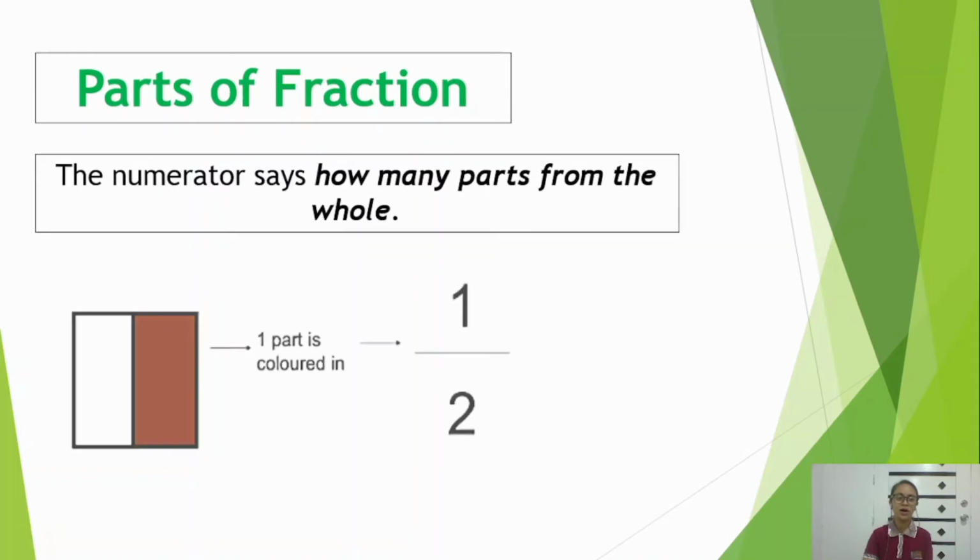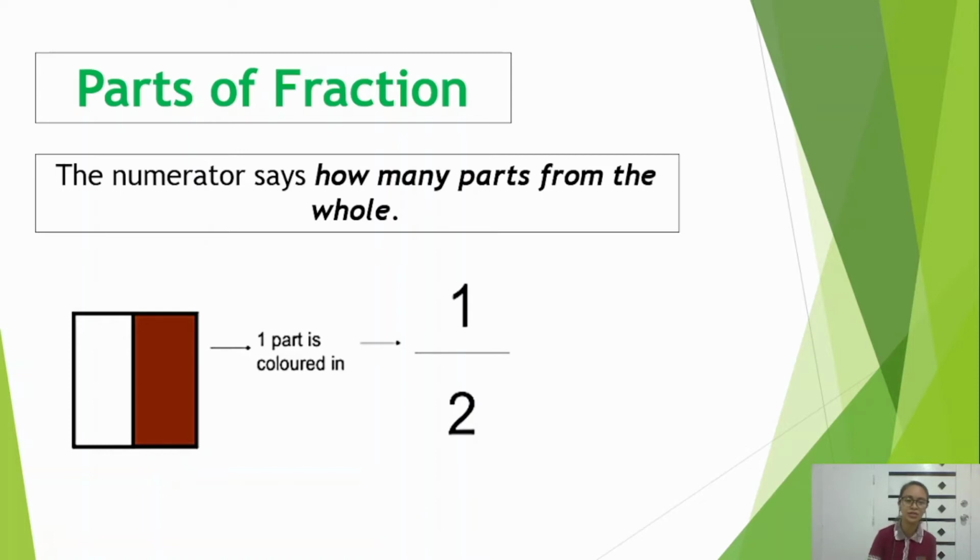Now, the numerator says how many parts from the whole. Ito yung parte nung kabuuan. For example, the given figure is a square which is divided into 2. The shaded part is the color brown. So, one part is colored. And our numerator says the parts of the whole.